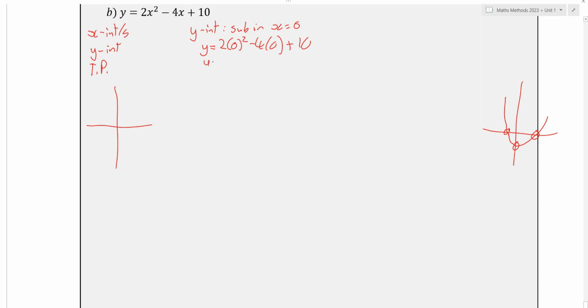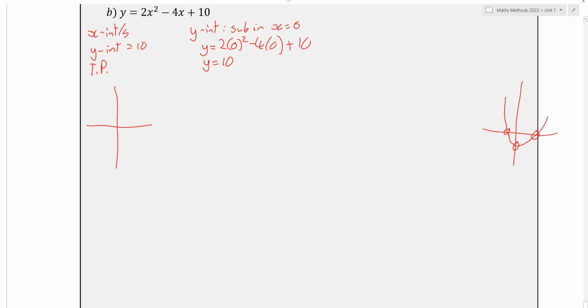So on this one, we just get the y-intercept equals 10. Remember, you always do the squared first before you times it by anything in front. So that's the y-intercept done. That took me a whole 2 seconds.